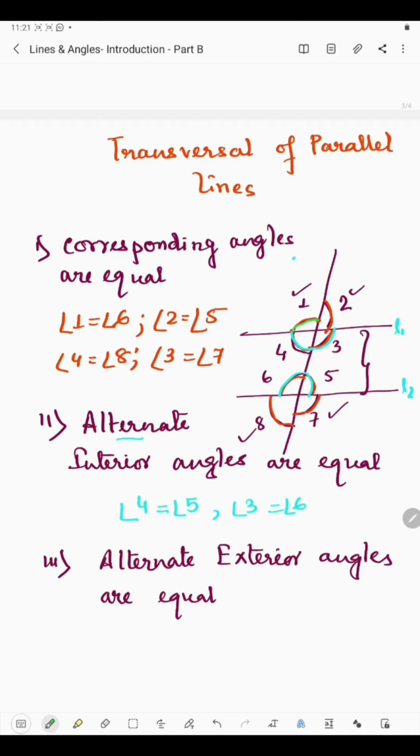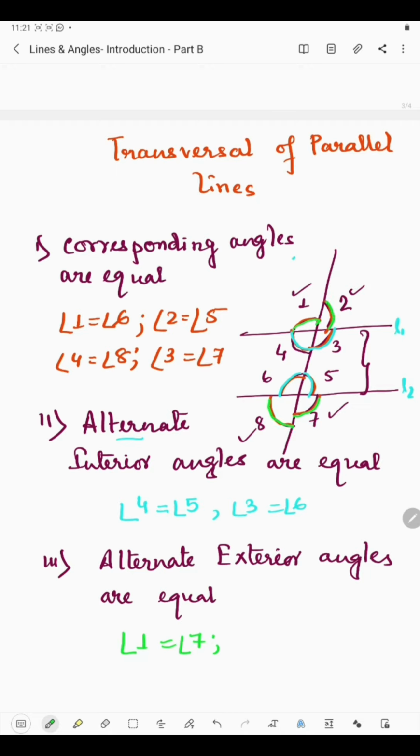So it's angle 1 and angle 7. So these two will be equal and angle 2 will be equal to angle 8. Okay, so these are the alternate exterior angles and these are equal if these lines are parallel, okay.